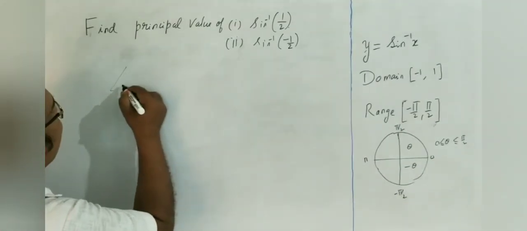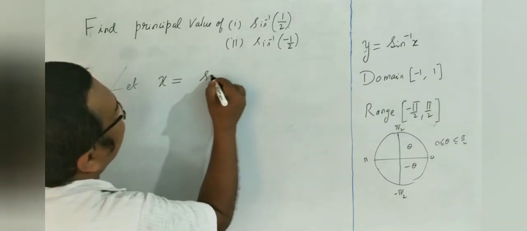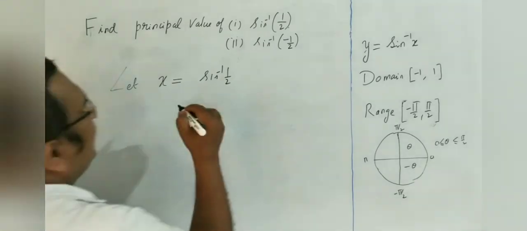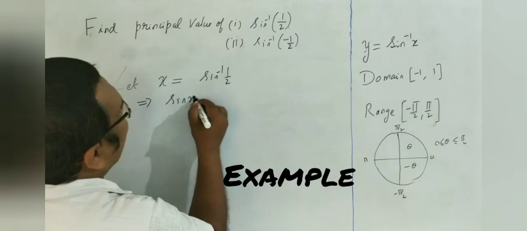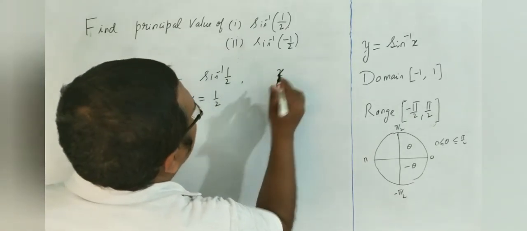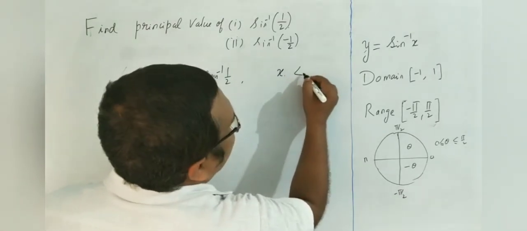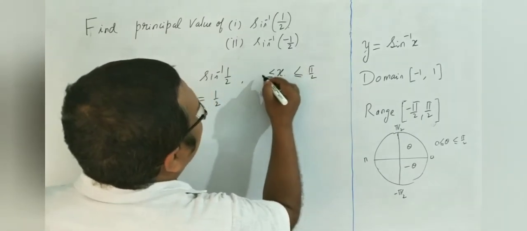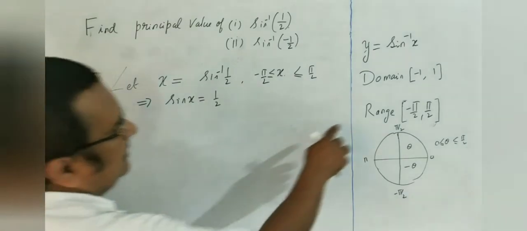Here, let x be equal to sine inverse 1 by 2. So what we get from here is sine x is equal to 1 by 2. And here we should know that x is less than or equal to pi by 2 and greater than or equal to minus pi by 2, which is the range.